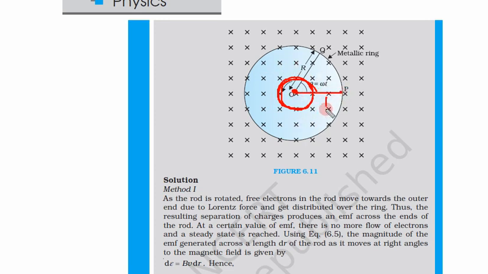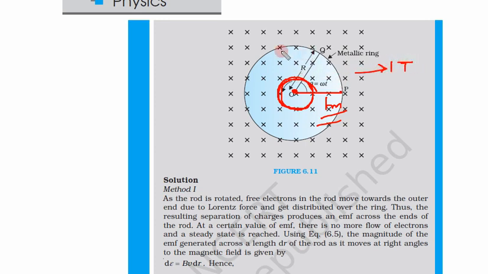What is the length? Length is 1 meter. So if the length is 1 meter, the radius of this circle is also 1 meter. Now we know the magnitude of this magnetic field is 1 Tesla.